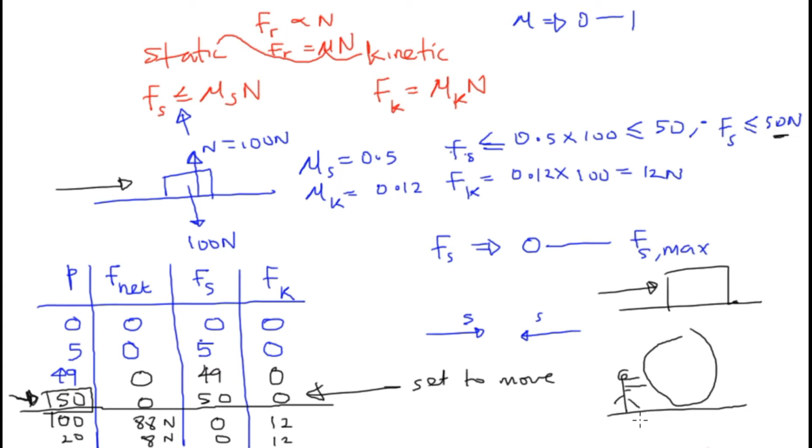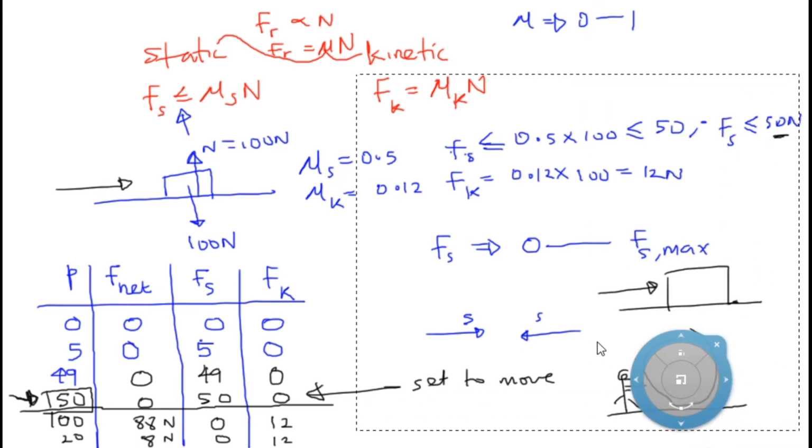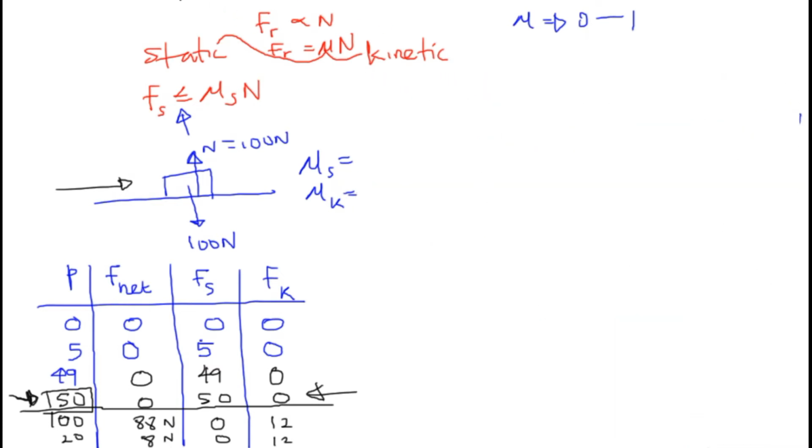So the object requires a lot of force to be put in motion than when it is already in motion. Now the implication of all of this is that, let's say I have an object on a surface, on an inclined plane that looks like something of this nature.